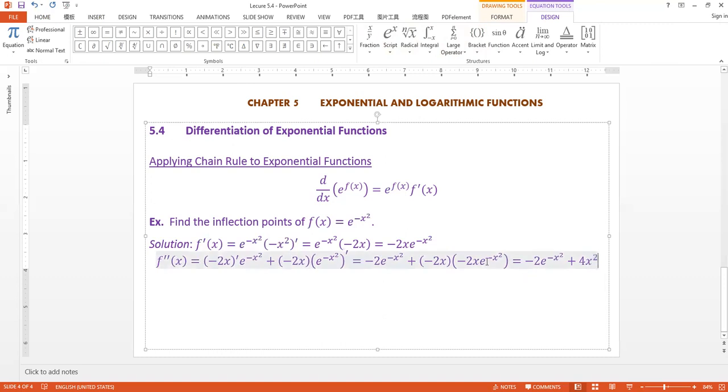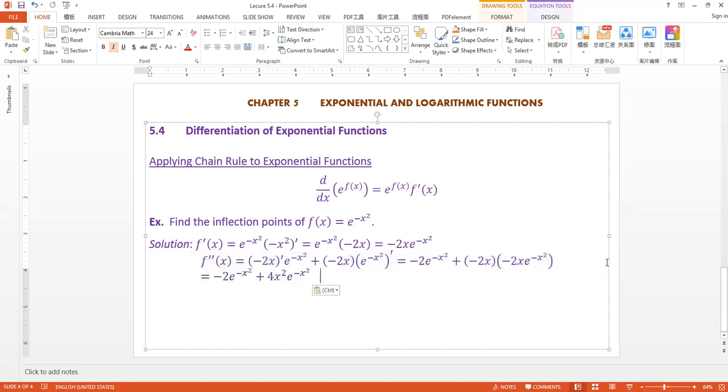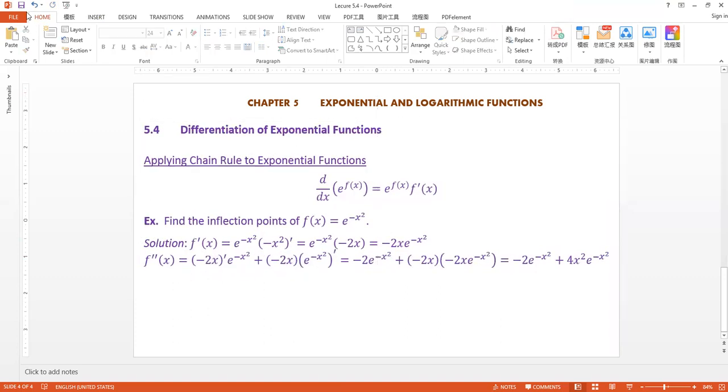And the other thing is just the e to the negative x squared. All right, so that's the second derivative of the function.